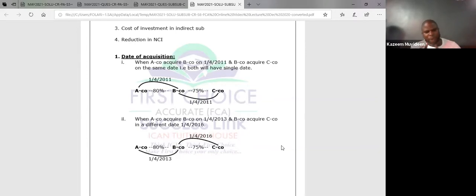The goodwill will be wrong, because the retained earnings on the day he has control is the retained earnings I will pick. They will not give you different retained earnings to pick. You must know your scenario. Now, ECO acquired BICO on 1st April 2013. ECO 80%. He has control in BICO.